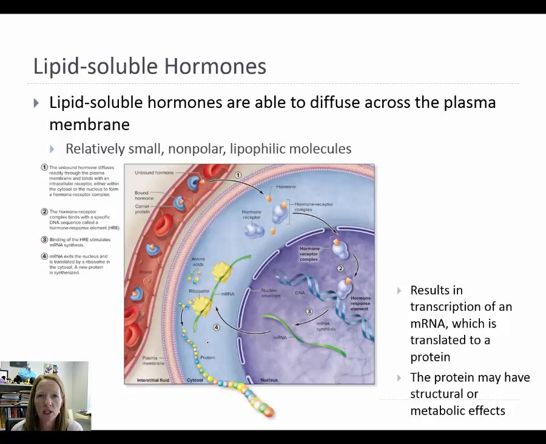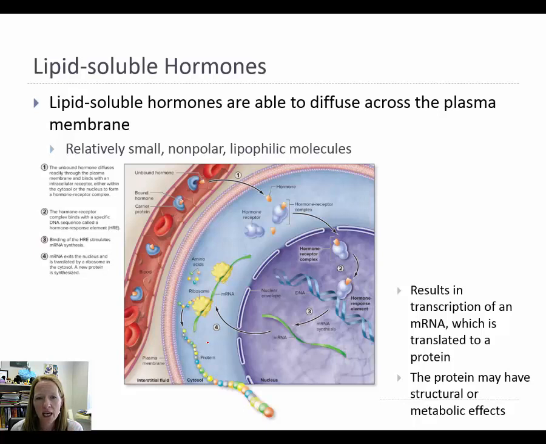Remember that it's lipid soluble, and the cell membrane is a phospholipid bilayer. Lipid-soluble hormones are relatively small and nonpolar, the perfect thing to go straight through that bilayer. So that's exactly what it does. It's kind of like it has a key to the house, and it can just open the door and walk right in anytime it wants to.